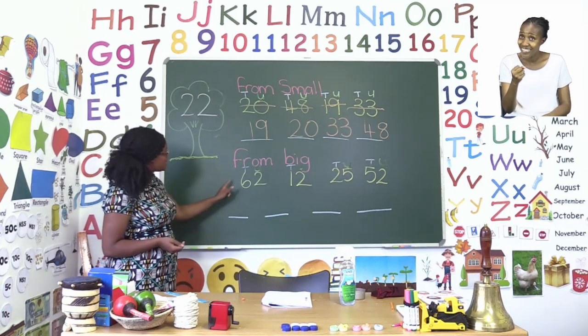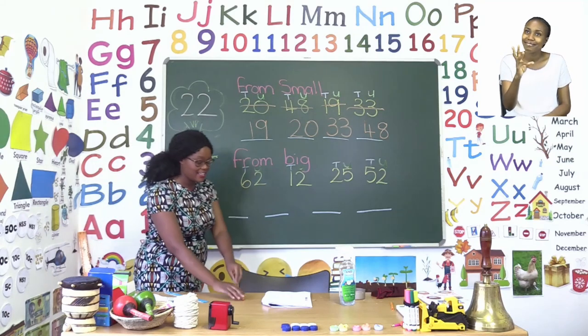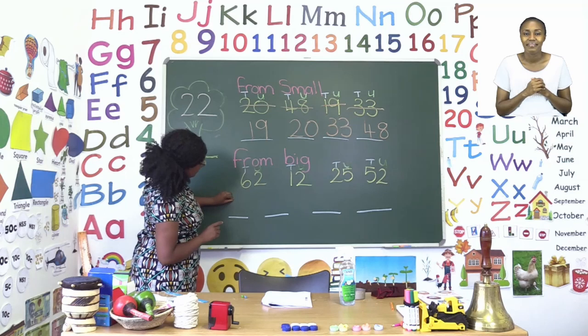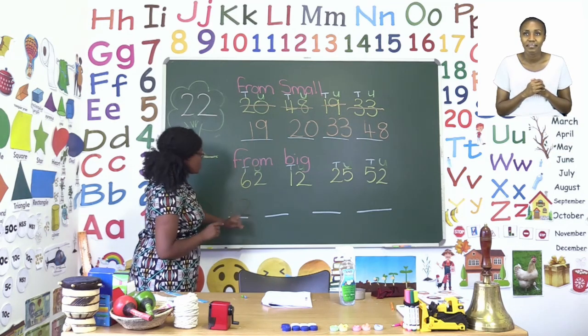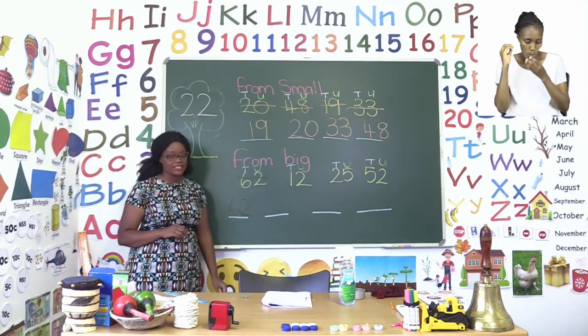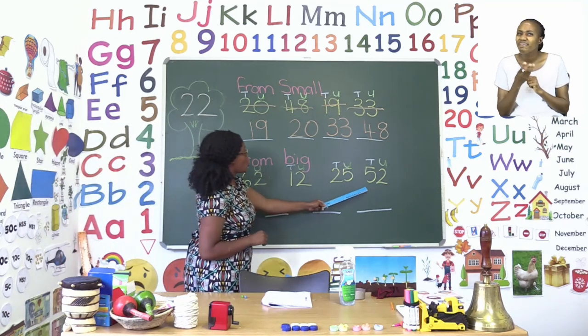So that means that the first number or the biggest number is 6, which makes it 62. Go ahead and write the number 62 as the first one. Then cross it out so you don't look for it again. Do we have any more 6s?